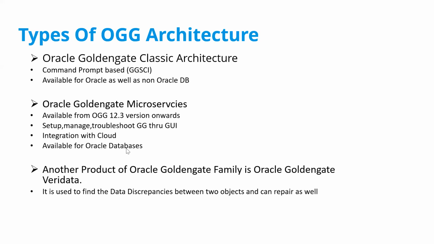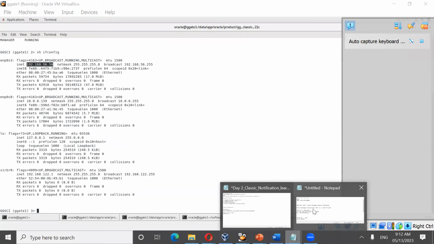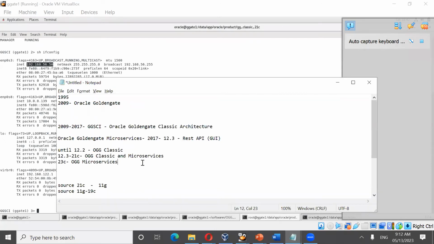Until GoldenGate version 19c, this microservices architecture was available only for Oracle database. Now from 21c, MSA is available for MySQL, DB2, SQL Server, and Postgres databases. So in total, 5 databases including Oracle.